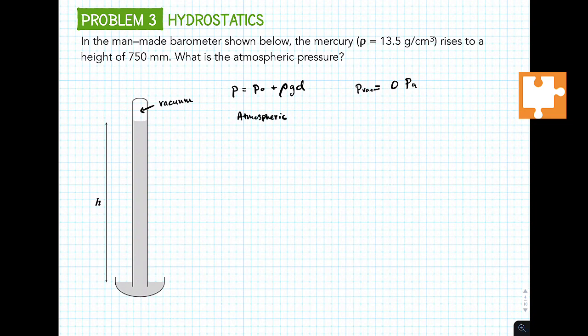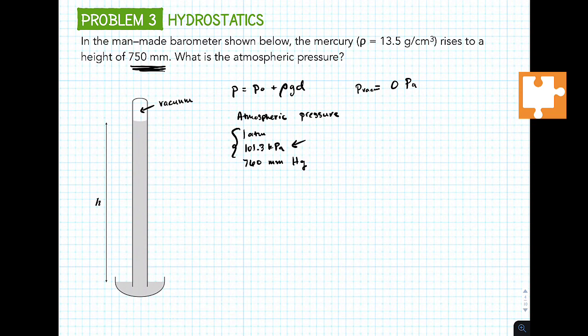You know at sea level, in normal circumstances, it's 1 atmosphere, or 101.3 kilopascals, or 760 millimeters of mercury. Now you'll notice this is not 760. So do you think this is going to be more or less pressure than atmospheric pressure? Well, we can tell just because this is a smaller number, this is probably going to be less pressure. So we're going to expect a number that's smaller than 101.3 kilopascals.